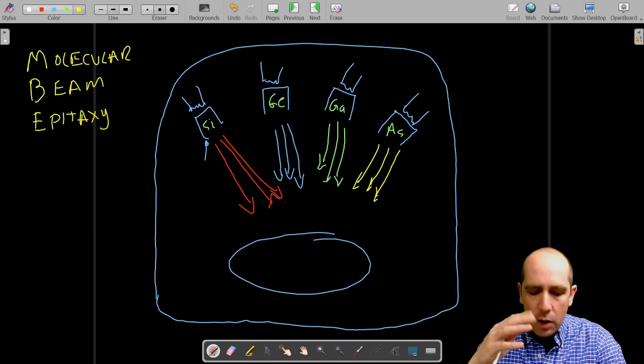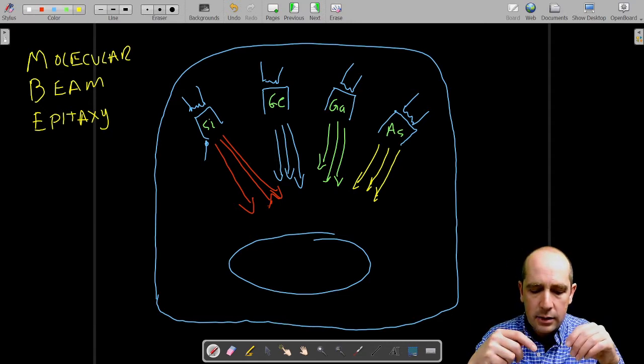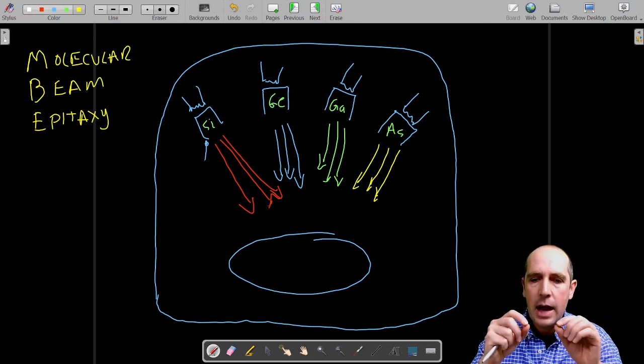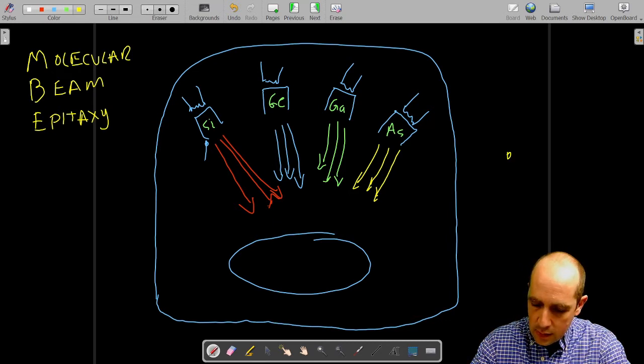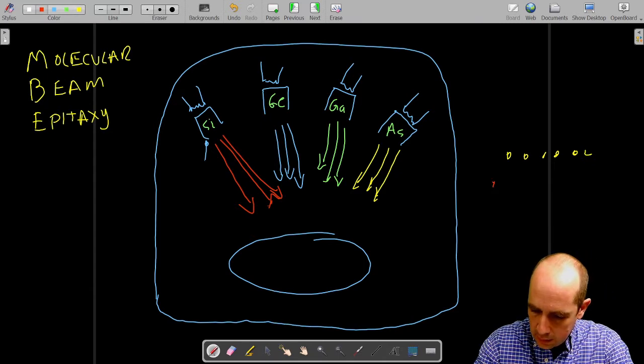That is actually not possible, or it's very hard to do, just because the lattice, so the separation between the atoms of germanium, let's say, and the atoms of silicon in the lattice is different.